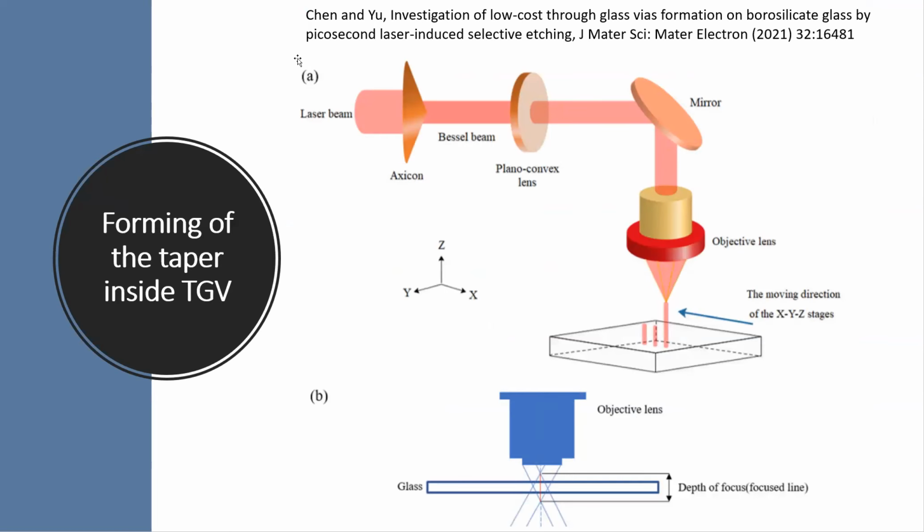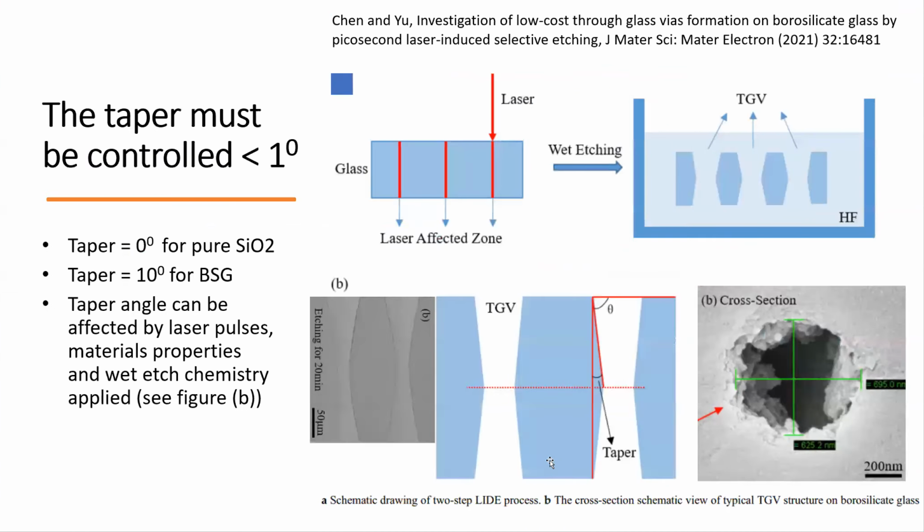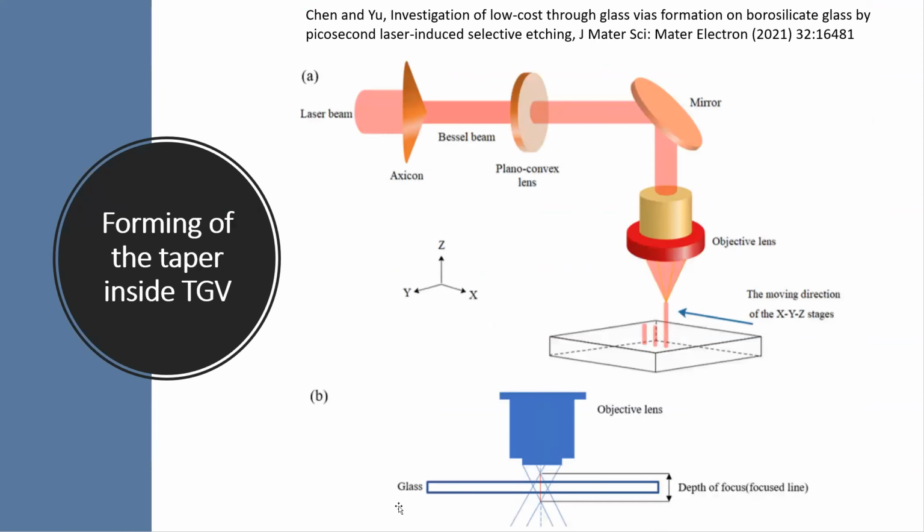And this is a paper I find interesting. It gives you a little more detail about forming the holes with lasers and how the lasers interact with your glass, right?